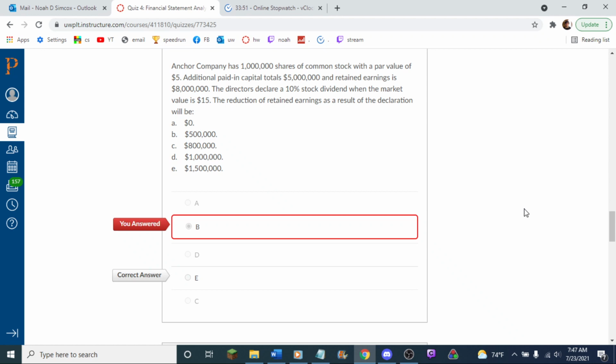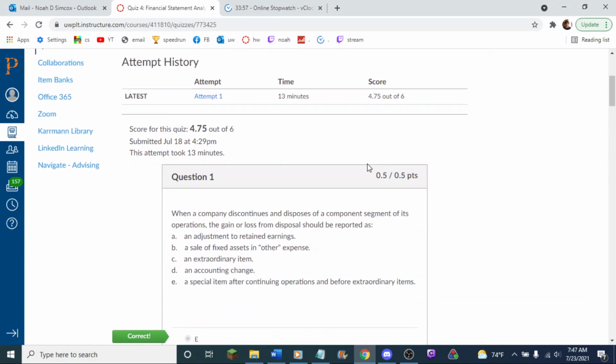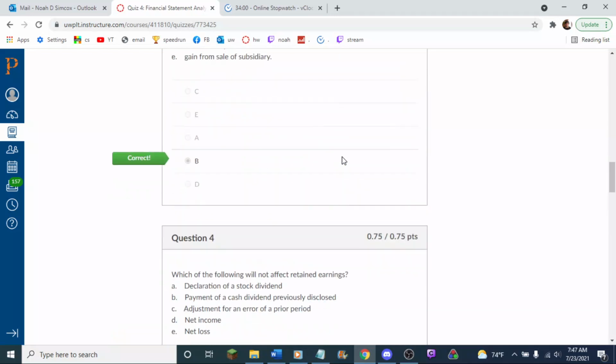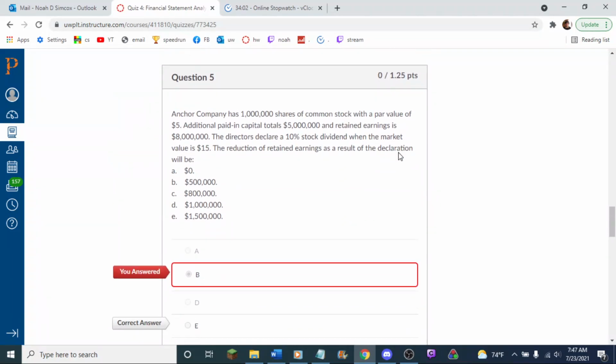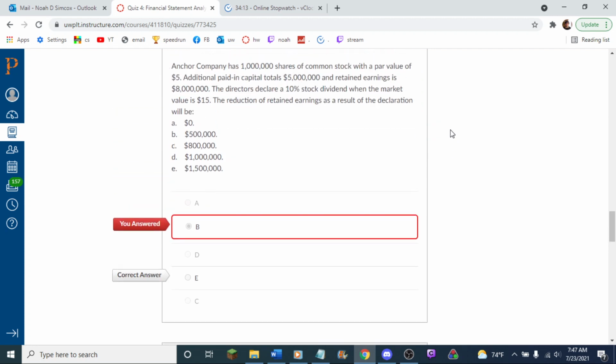Where is it? I thought this quiz was over chapter 3. Is this over chapter 3? Oh, I think it's over chapter 4. Not chapter 3. Wait. Common stock. Why can't I find it? I thought it was in chapter 3. Okay, chapter 4. Why would it be in chapter 4? Oh, it is in chapter 4.